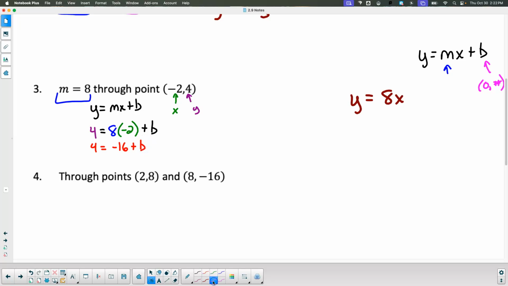And how would I go about solving that for b? Add 16 to both sides. So then I get 20 equals b.